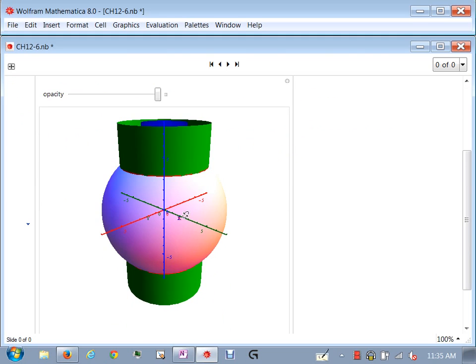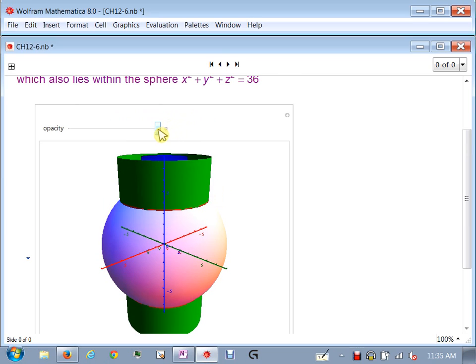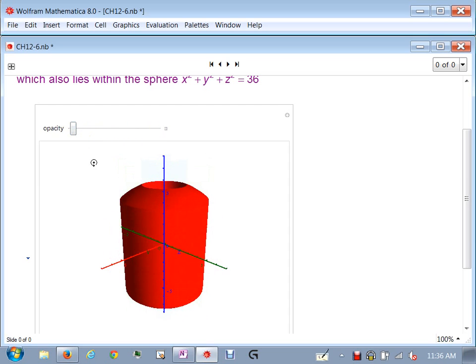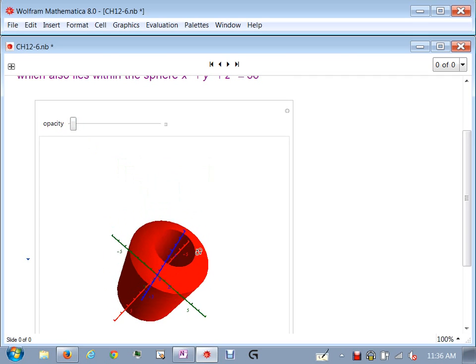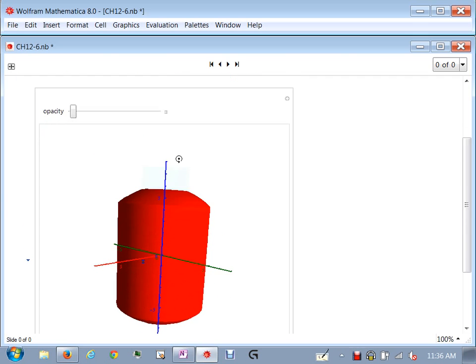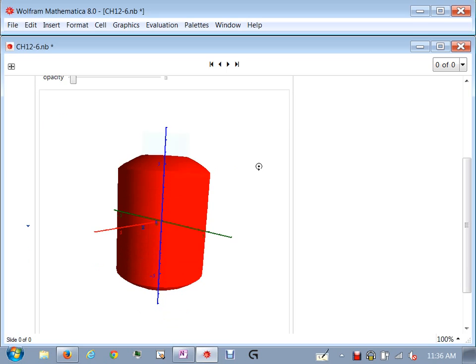Are we all aware that we are not talking about this part of the sphere? It's only between the cylinders and inside the sphere. So you try and visualize it. Is that what you were visualizing? Is that what you kind of saw? It's almost like a cylinder, like a solid slug, right?